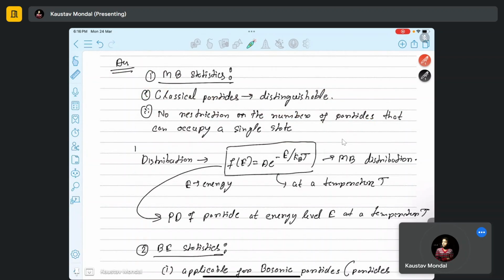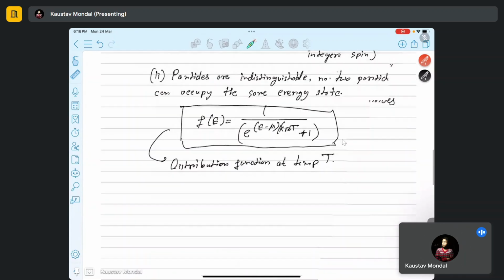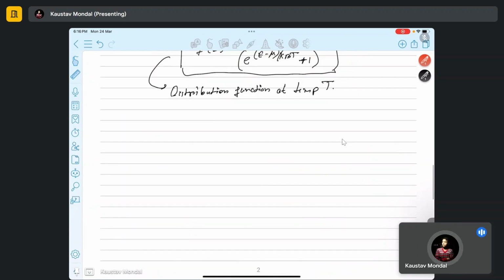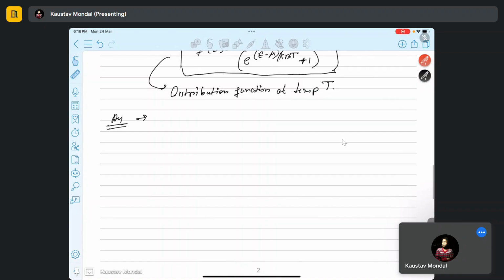As I have discussed, they are obeying the Fermi-Dirac statistics, right? That means they are fermions.